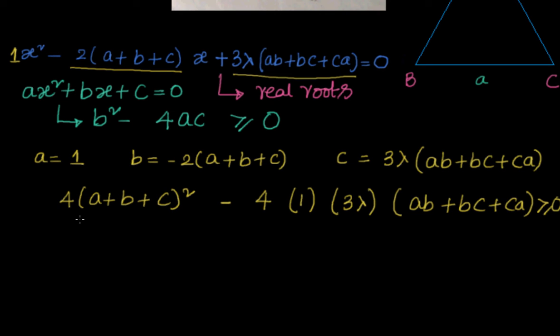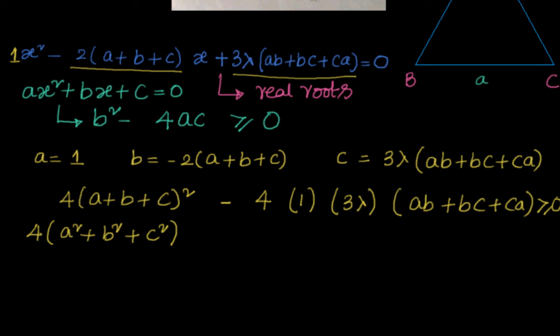Now we see here ab plus bc plus ca and we have (a plus b plus c) whole square. So let us expand this, using the identity of (a plus b plus c) whole square, so that we can simplify this.